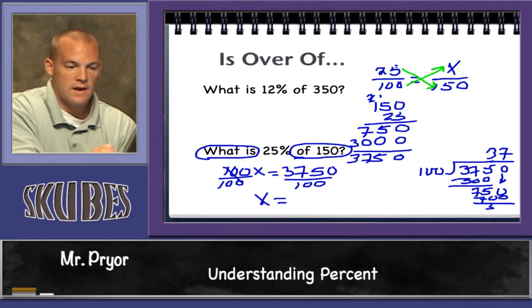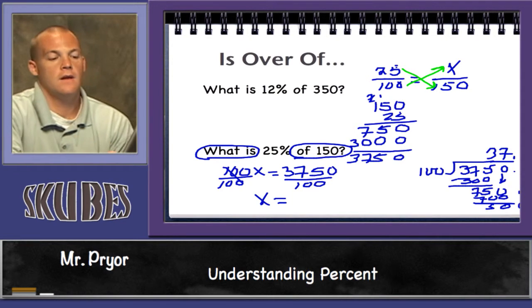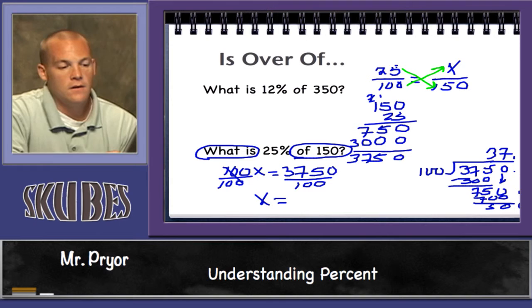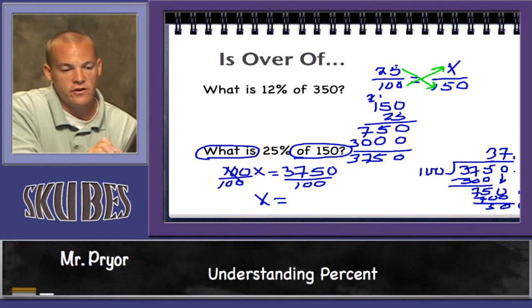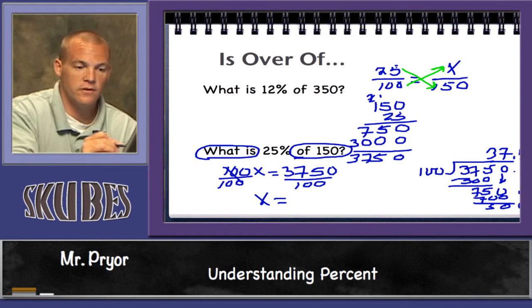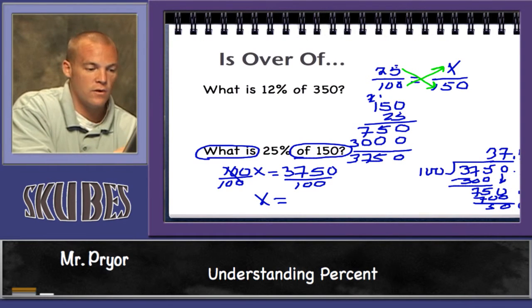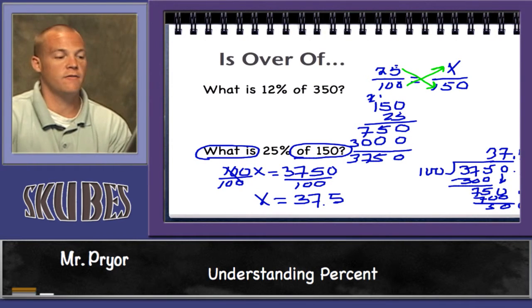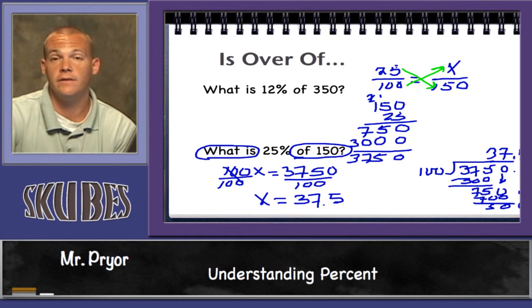And you can see that you have 50 left over. So you would need to add a decimal and bring down a 0. Hopefully you can see now 100 goes into 500 how many times? 5 times. So that would complete the problem at 37.5. Okay, so again, what that means is 25% of 150 would be 37.5.